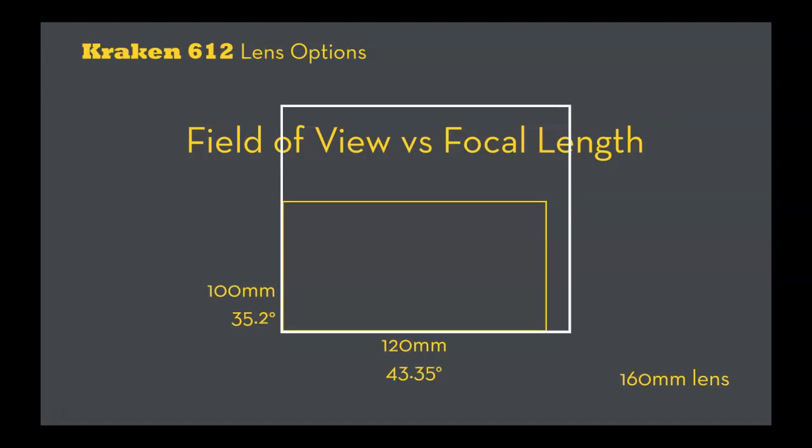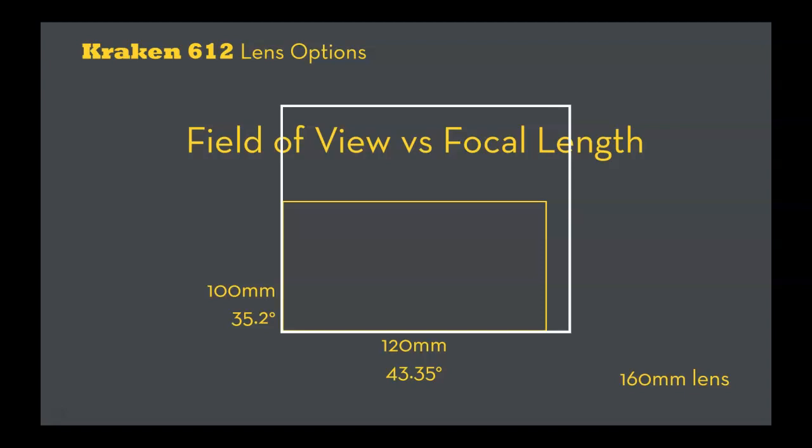This is a 4x5 frame, so the white is a 4x5 frame. It's 100 millimeters by 120 millimeters. With a 160 millimeter lens, which a lot of people will say is normal, 150 to 160 millimeter lens is normal on 4x5, that's a 35 degree view vertically and a 43 degree view horizontally.